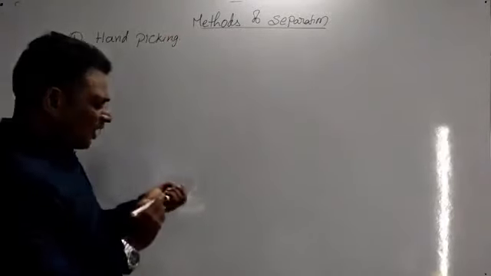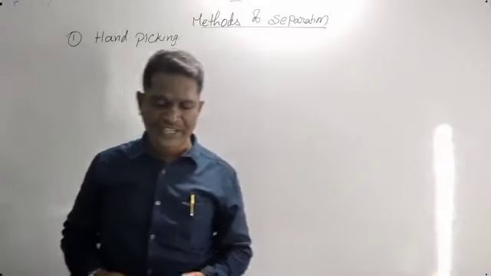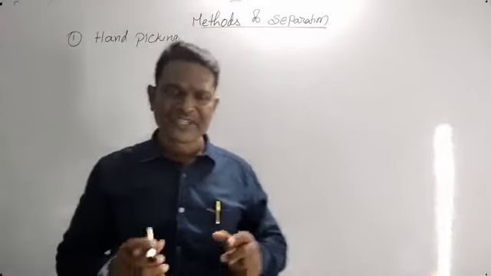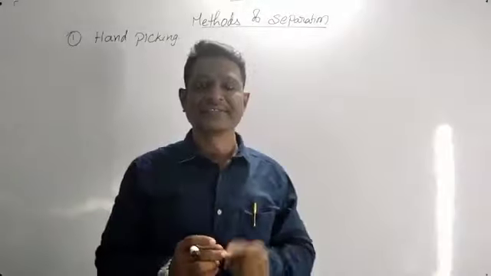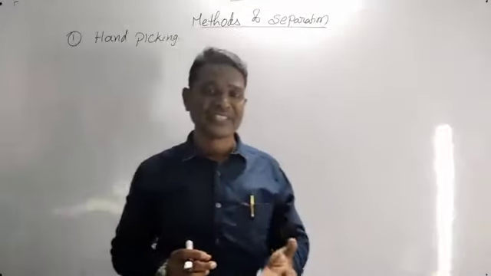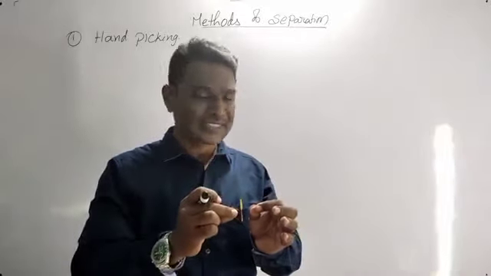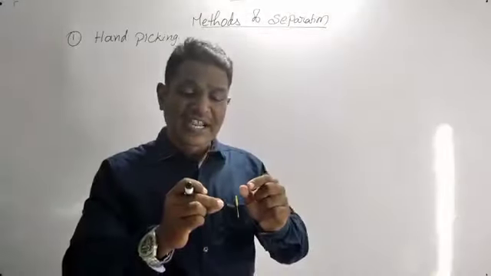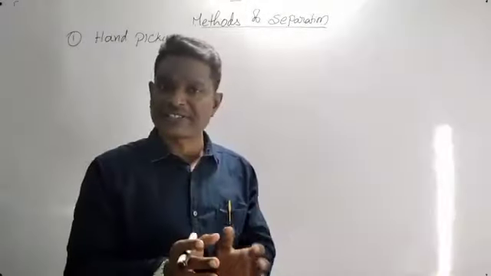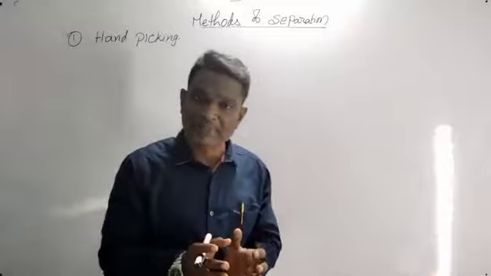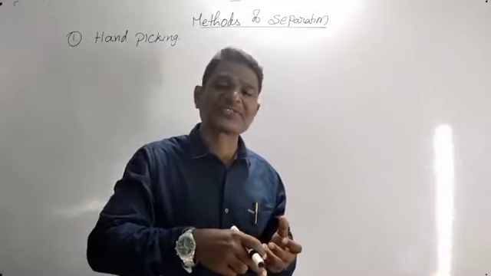So what is hand picking? What do you think it is? Right, hand picking is used when there is a mixture of different sizes. For example, you might have seen sometimes pulses along with stones, isn't it? So the stones have to be separated from the pulses. If not, what will happen? The food that you're eating will be mixed with the stones.